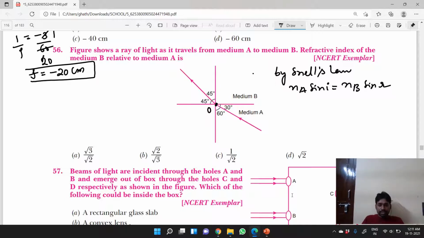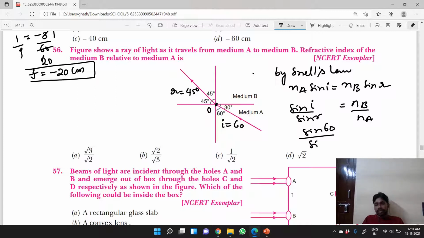Here the angle of incidence is 60 degrees, the angle of refraction is 45 degrees. So NB relative to A is required: NB by NA is equal to sine i by sine r, which is sine 60 degrees by sine 45 degrees.